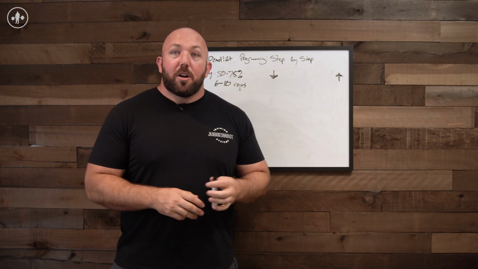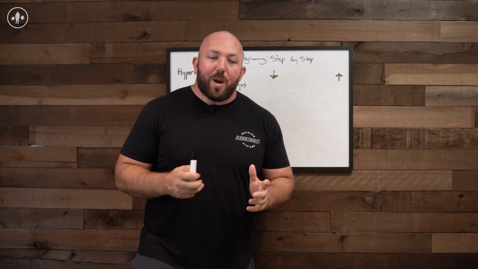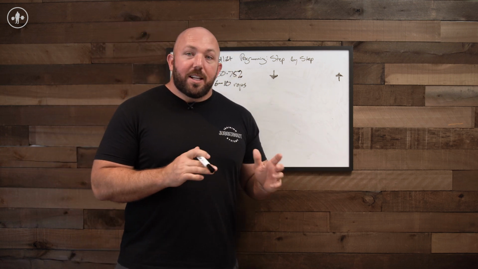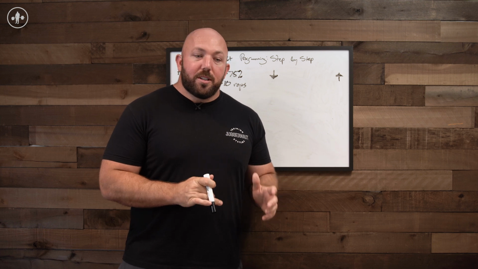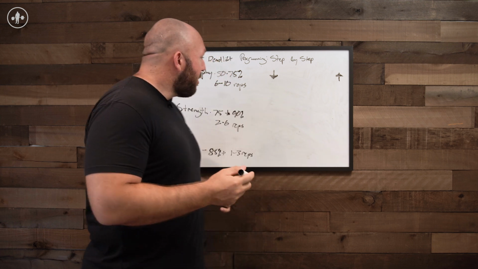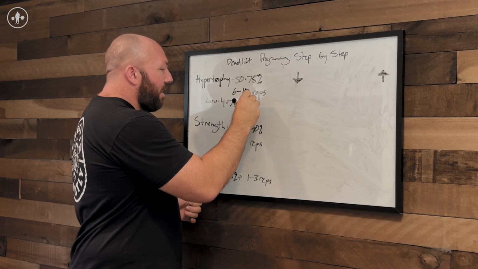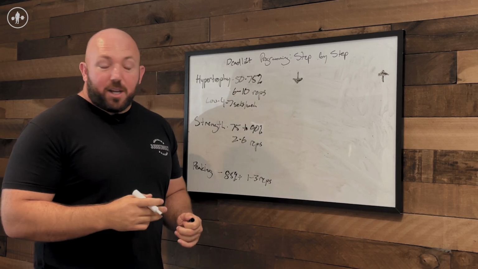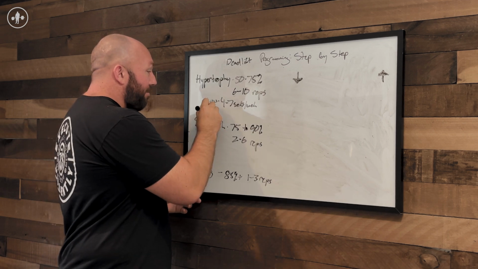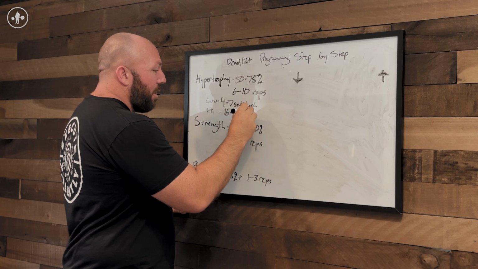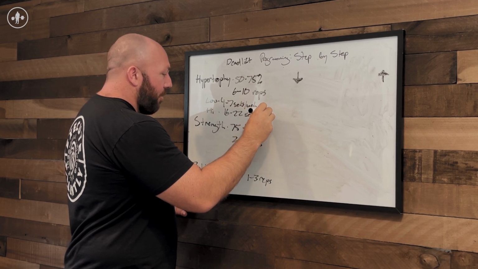So now that we've talked about the overloading parameters, what are typical ranges that we may fall within? For hypertrophy, a low volume deadlifter is going to be doing probably 4 to 7 sets per week, while a high volume deadlifter in hypertrophy could be doing up to, let's call it, 16 to 22 sets per week.